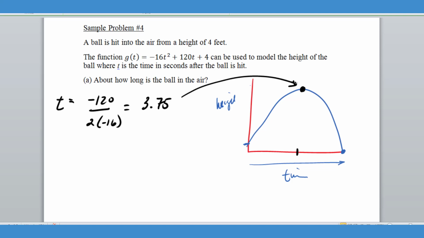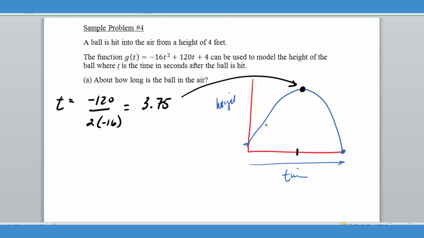Now, what you're going to learn later in physics and come to understand is that these quadratics are traveling at a consistent rate of change, and gravity is having the same pulling effect on the ball as it goes up and as it goes down. And so based off the force at which the ball was hit, you can count on it being somewhat of a constant.